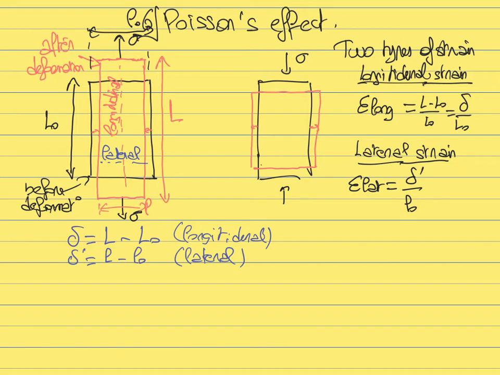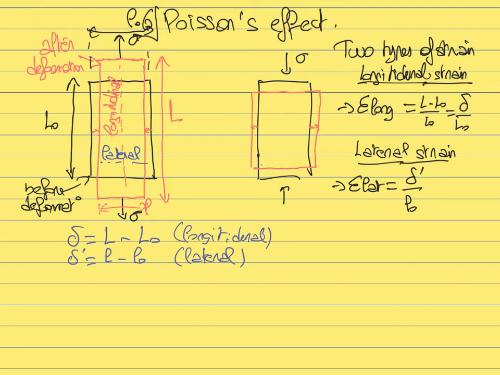It's the change in the dimension divided by the initial dimension. And based on this, you can define both the longitudinal strain, which characterizes the longitudinal relative expansion of the beam, and the lateral strain, which characterizes the relative lateral deformation of the beam along the lateral direction.